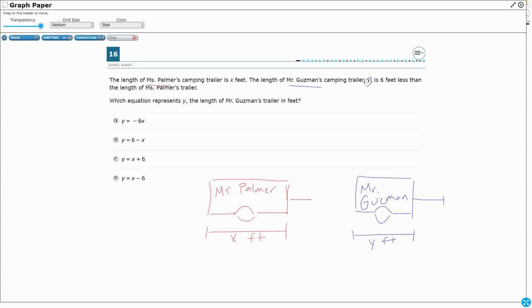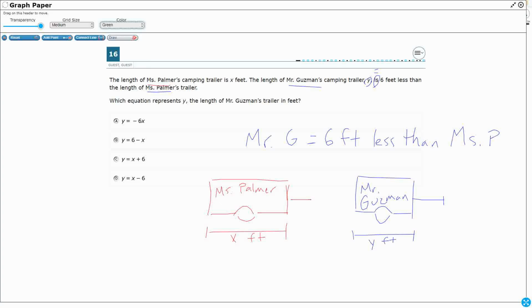So, Mr. Guzman's, I'm going to just call it Mr. G, is, I'm going to replace that with equals. 6 feet less, okay, so 6 feet less than Miss P. Now, Mr. G, his camping trailer is 6 feet less than Miss Palmer.